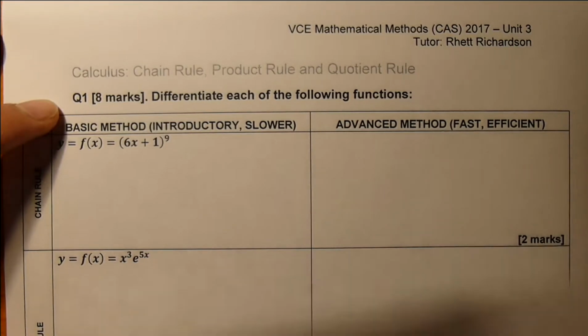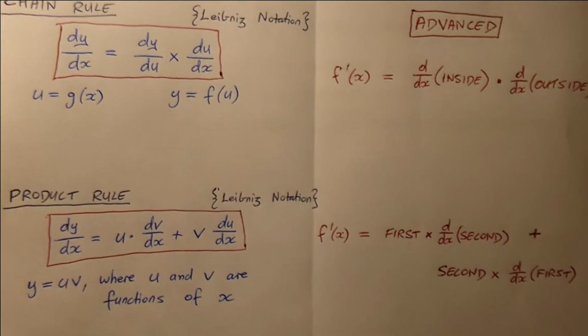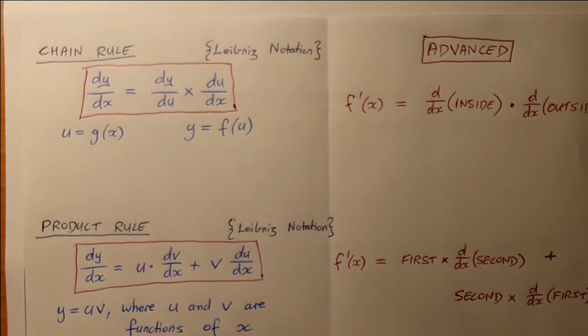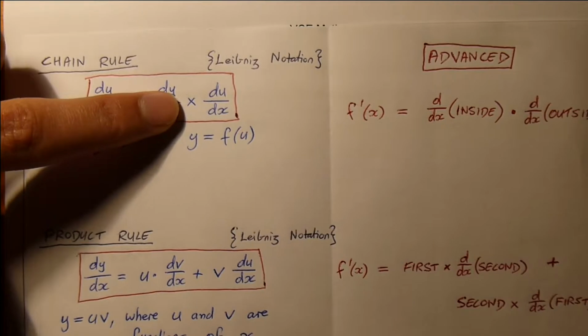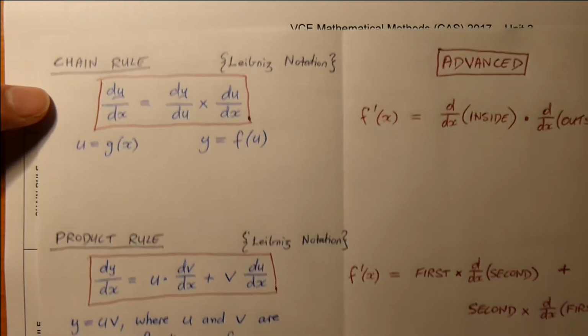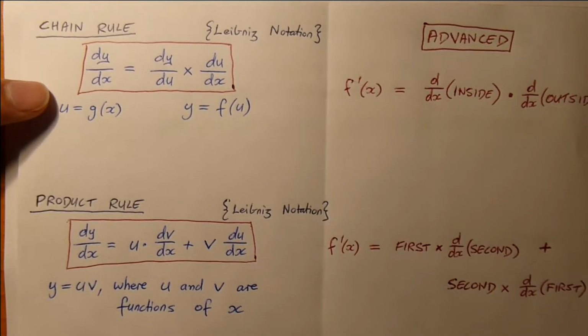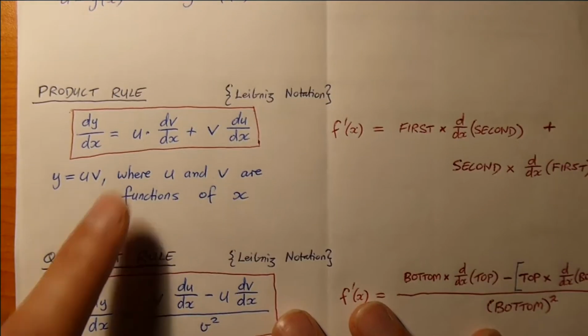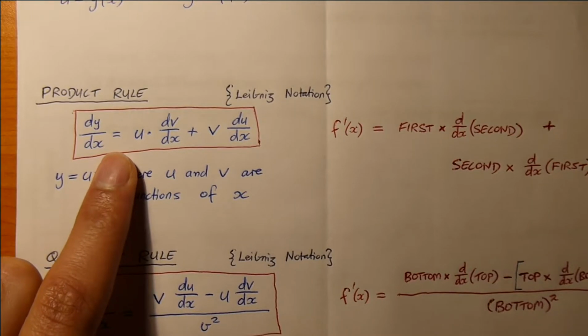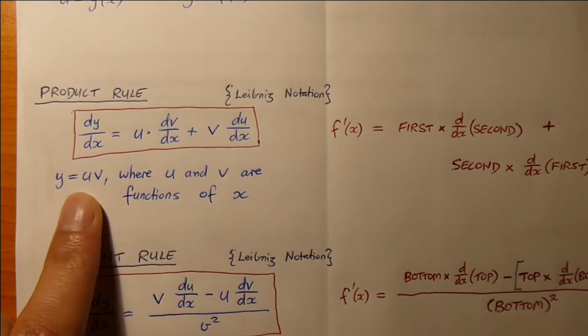So I'll just step you through. Hopefully you've seen these rules before, but we have the chain rule: dy/dx is dy/du times du/dx. The second one, the product rule, where we have a product of 2 functions, y is equal to u times v.